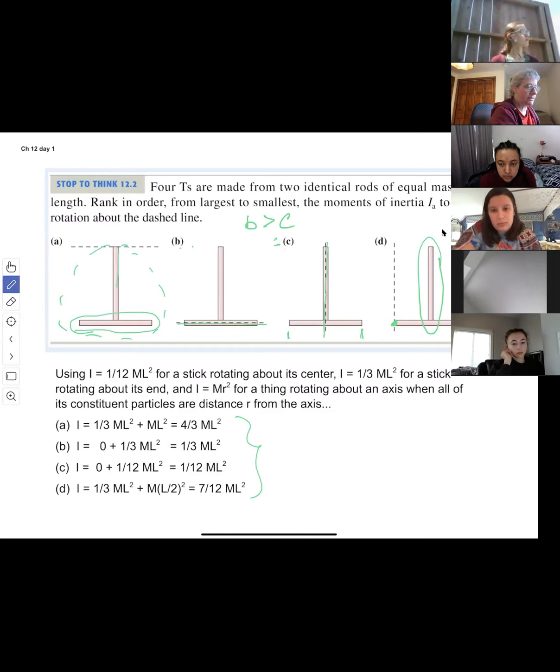They both have one stick going out. So we could certainly make an argument that A has a bigger moment of inertia than D, right? I think it should be A, then D, then B, then C, and in the next one or two pages we'll get back to how you can actually calculate those numbers.